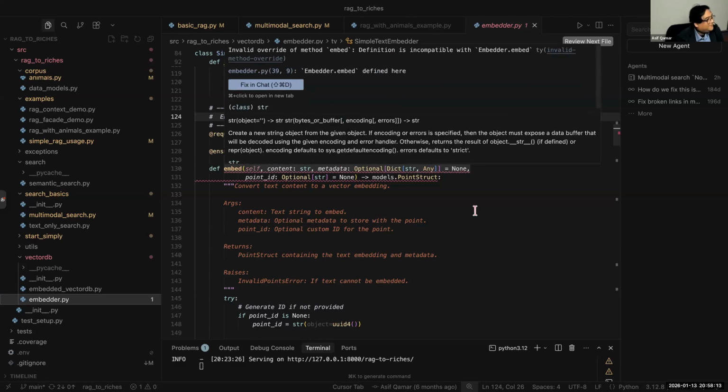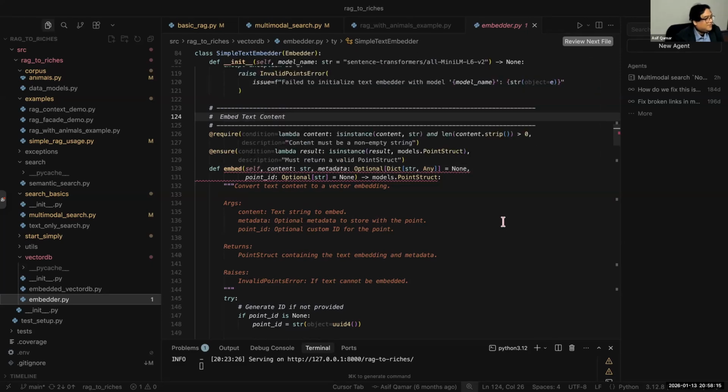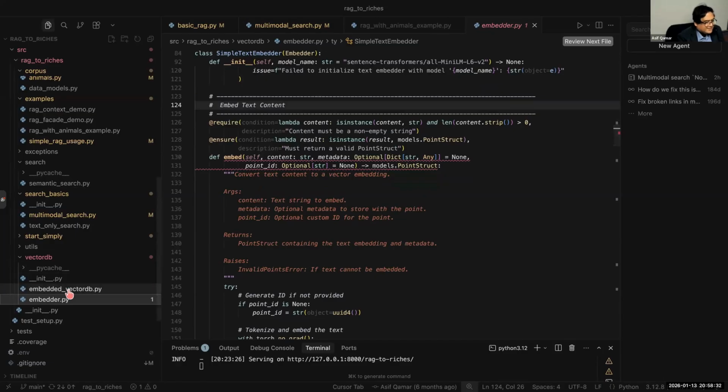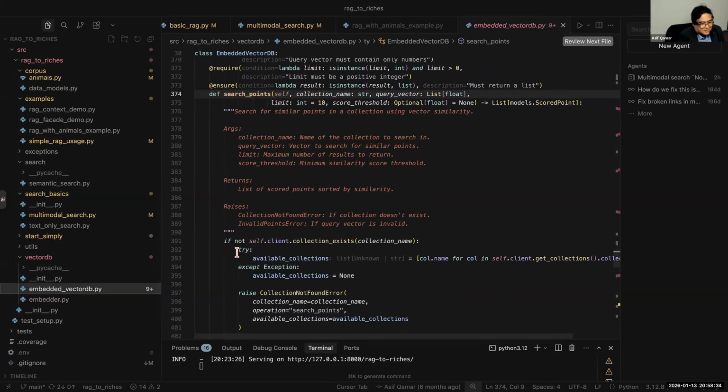Metadata is a dictionary. So what can I do? In the dictionary, I can say author, blah, category, blah. And when I create embeddings and give it to the vector DB, I can give that dictionary. Make sense? That's it. All of these are easy, but when you first come to it, it looks a little bit overwhelming. That is why I start with the documentation, the MKDocs, because there is a careful walkthrough of each piece and explanation of it. Yes.